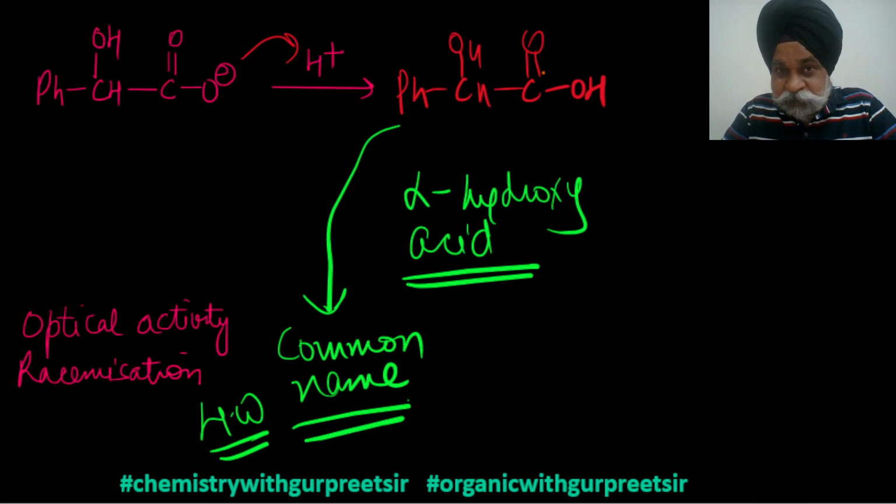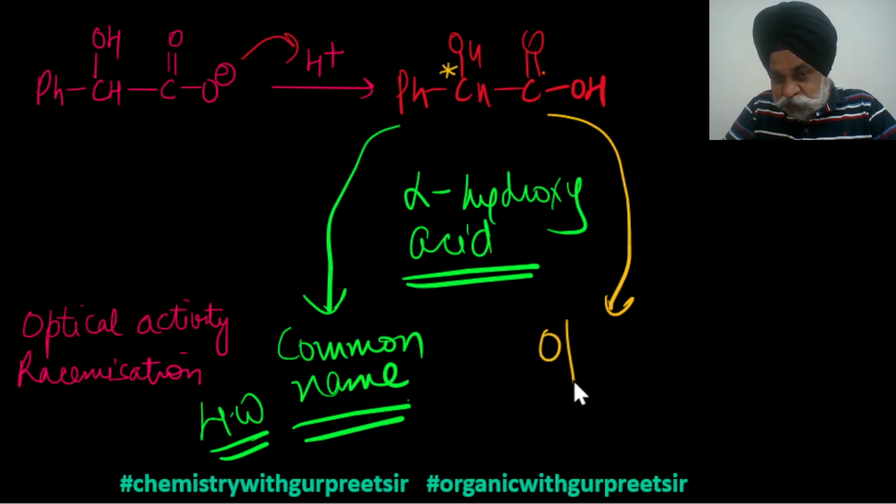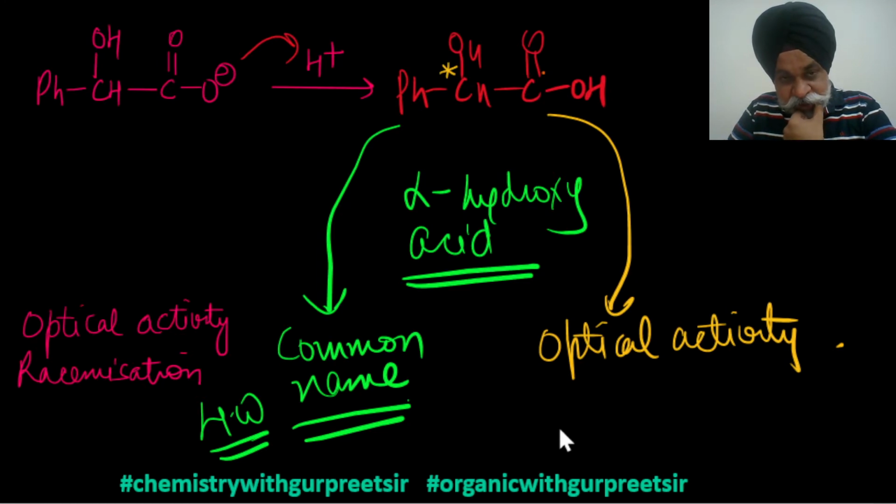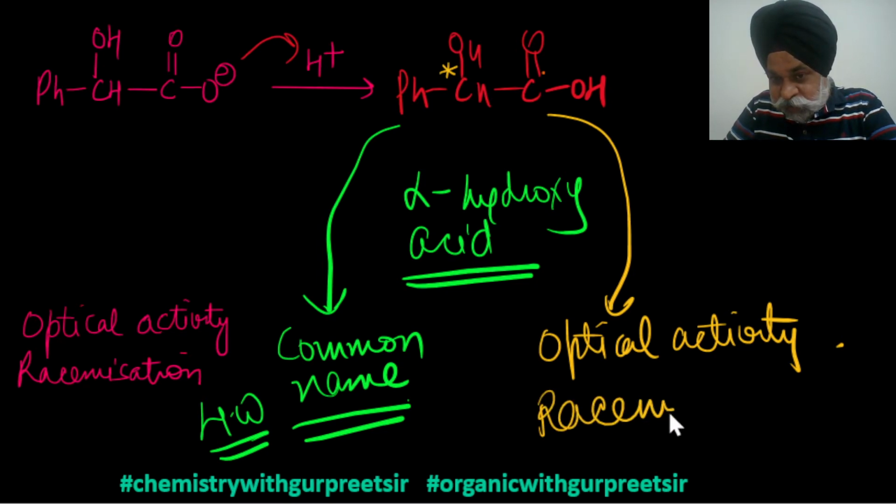Now here you have to see one more thing, that this carbon is chiral, so this particular compound would definitely show optical activity. If it shows optical activity, during the progress of this reaction you would definitely get enantiomers, and this in a way also shows racemization.